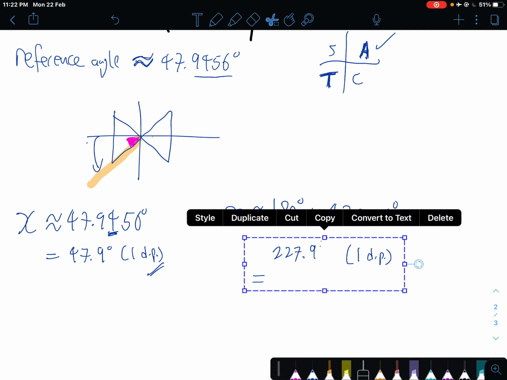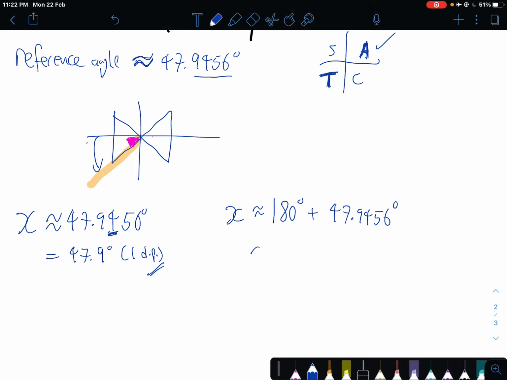I'll just show one extra line of working. It's approximately equal to 227.945 degrees, which is then equal to 227.9 degrees to 1 dp. The extra line is still an approximation, so that's why I use the approximation sign, but for the very last line I put the equal sign because it is exactly equal to 1 dp.